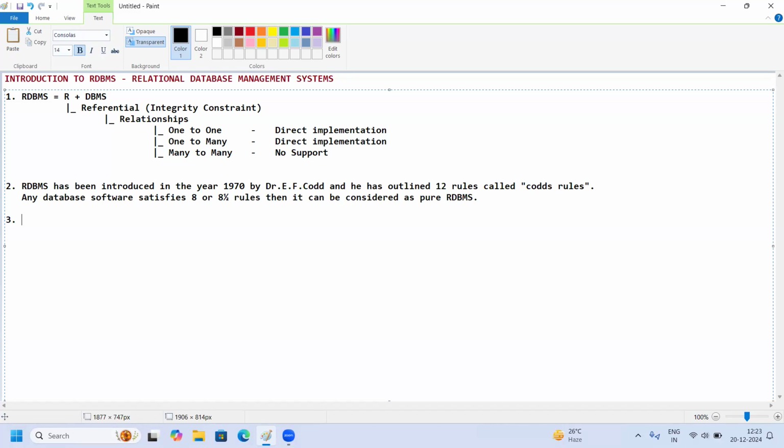It also satisfies more than 8 rules. Oracle satisfies almost 11.5 Codd's rules, SQL Server satisfies 10. But both are more than 8, so both are pure RDBMS. DB2, Sybase, Teradata, MySQL, they all are pure RDBMS software.